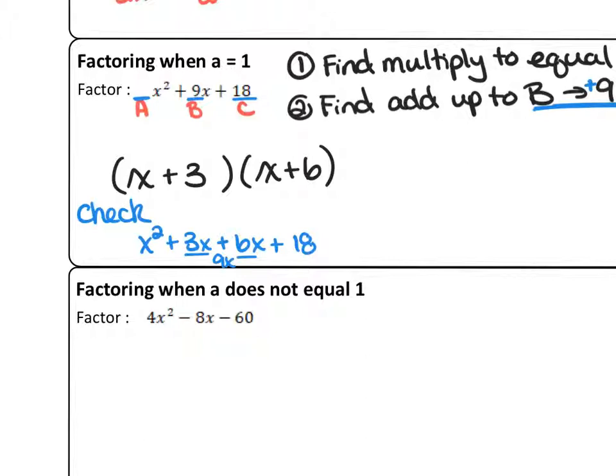Now, sometimes we have examples where the value in front, our a value, is not equal to 1. Like in this case, there's a 4 in front. The first thing I usually do with this is common factor.